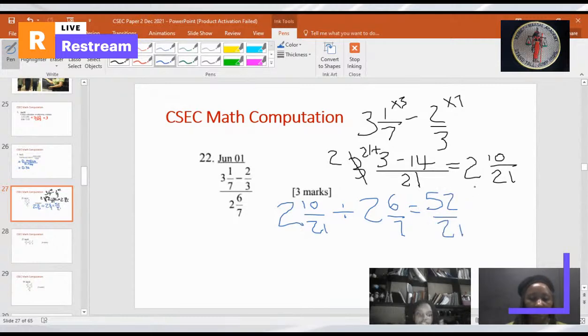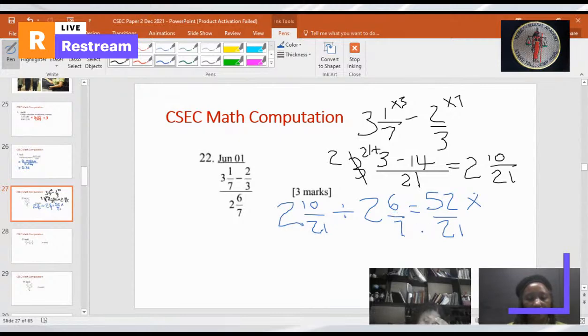We keep that. We're going to change the division sign to a multiplication sign, and we're also going to change the second mixed number to an improper fraction.